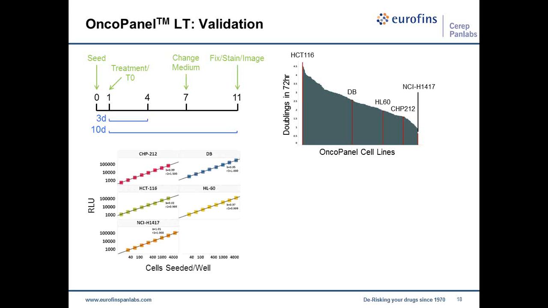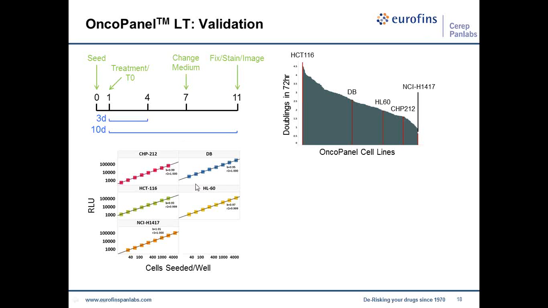The first question that we wanted to ask ourselves is how well we could seed cells at low density. So this is simply a serial dilution at the time of cell line seeding, to try to understand the accuracy with which we can seed cells.